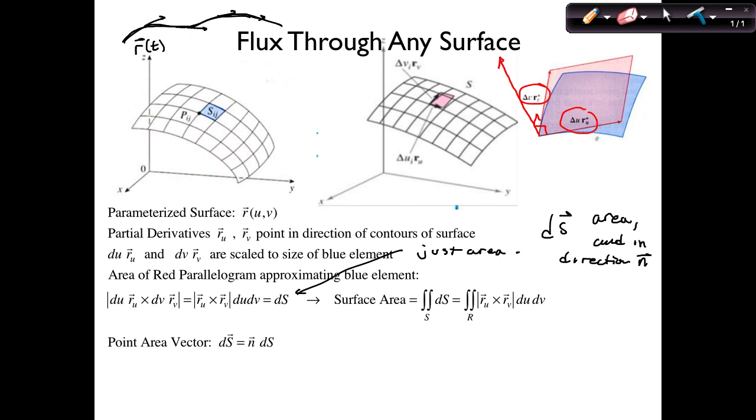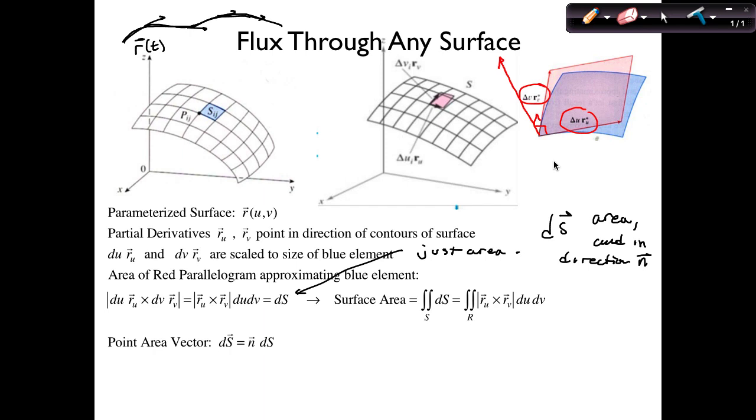Another way to express the point area vector would be to take the area times n. So what is n? How would we get the vector n? It's a unit vector orthogonal.